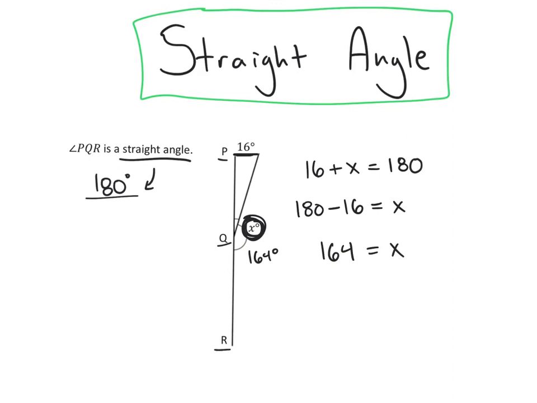Once again, we can check our work by adding 164 plus 16, and that should equal 180. And it does, which confirms our answer. So once again, using a similar strategy, but this time using our understanding of straight angles to figure out the mystery measure x.